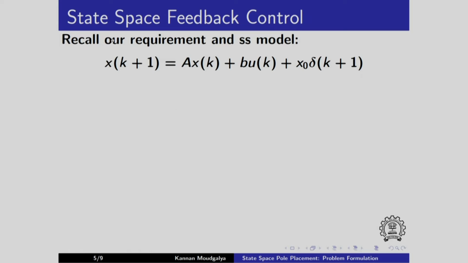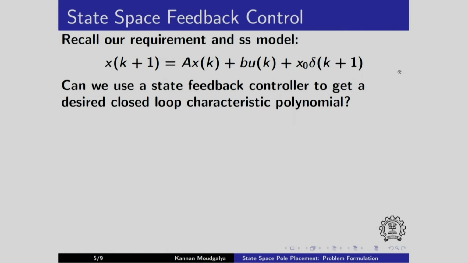Now let us recall our requirement and state space model. Here is our state space equation, and we would like to use state feedback control law. So the control law is of the form u of k equals minus K x of k plus v of k.